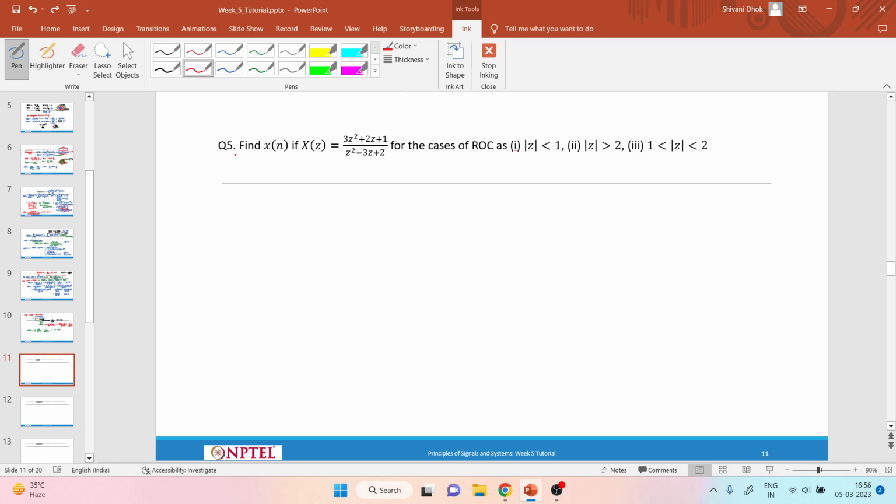And let us use the partial fractions method for this. For the partial fractions method, we represent x of z upon z as a linear combination of some poles. Before doing that, let us look at this denominator, z square minus 3z plus 2, which can be factorized as z minus 2 into z minus 1.